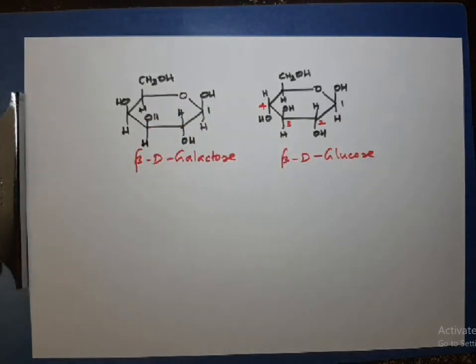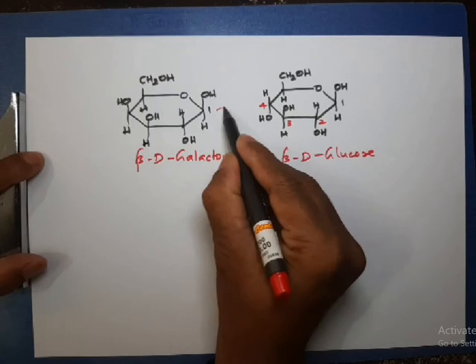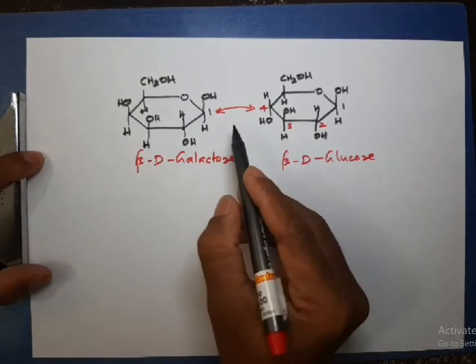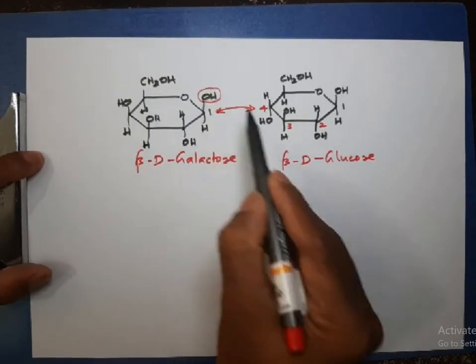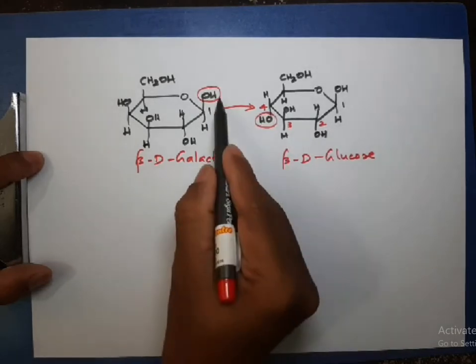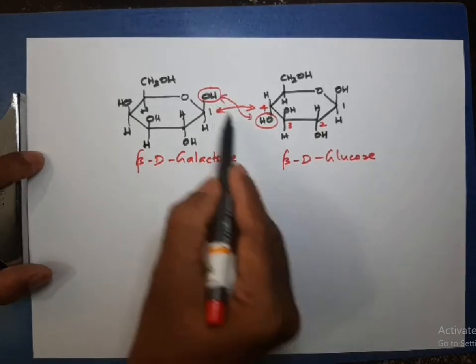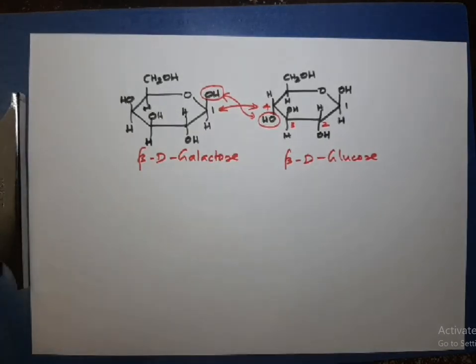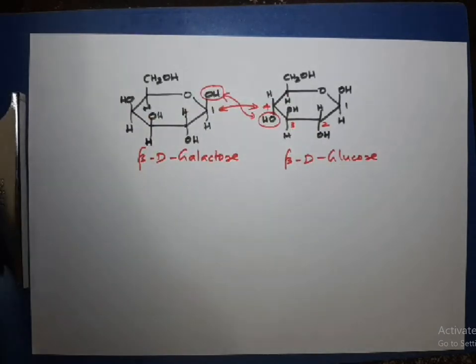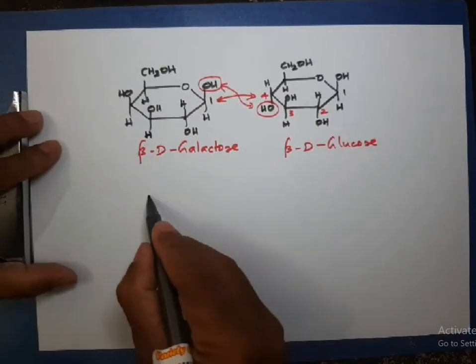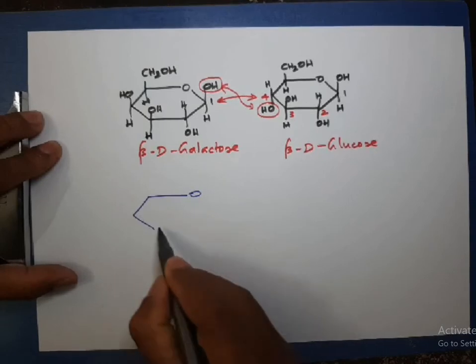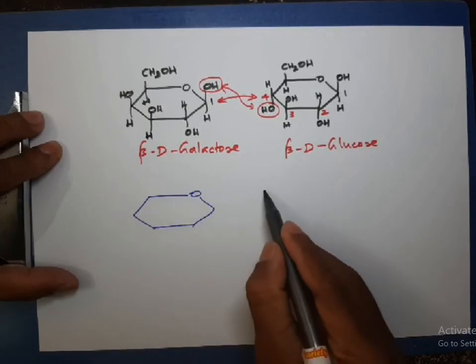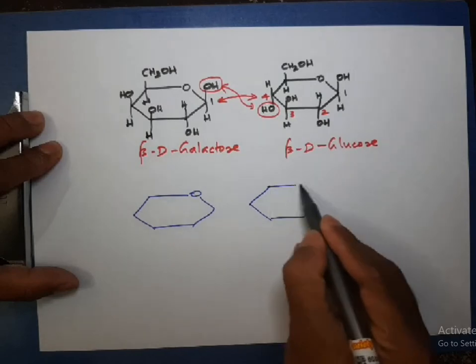Now I'm going to form the glycosidic linkage between carbon 1 and carbon 4. How? Now this OH group is above and this OH group is below, so I'm going to remove a water molecule between these two and form an ether linkage. Let me draw here. Remove one water molecule and you'll get a structure like this. This is how you must draw the structure.